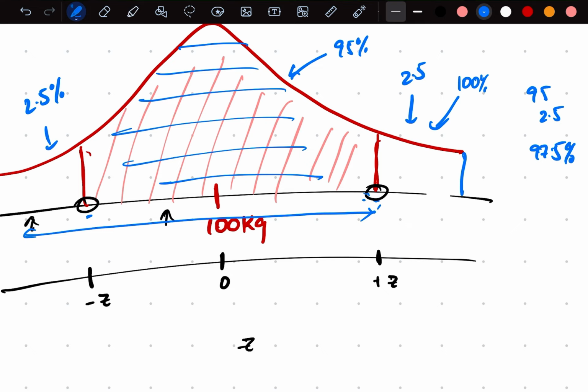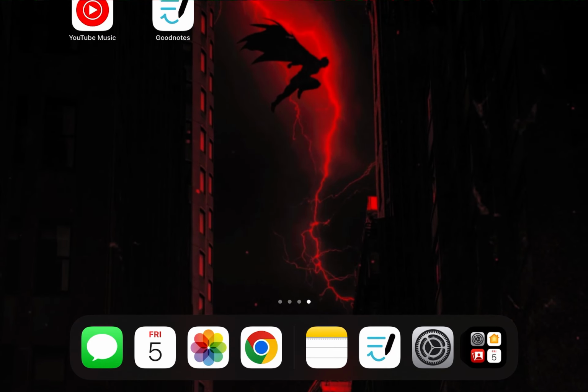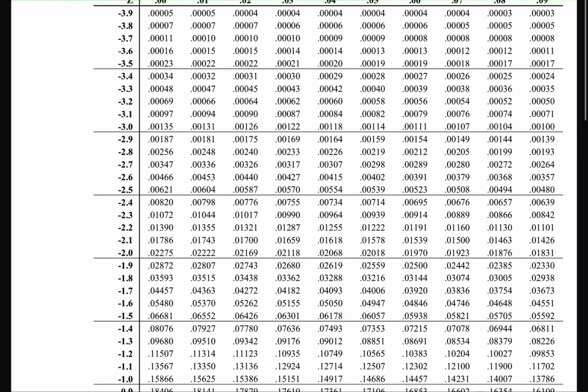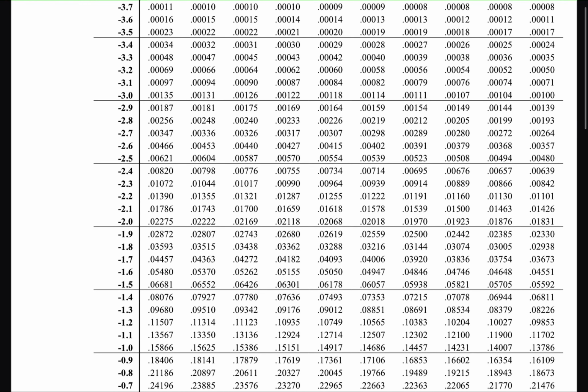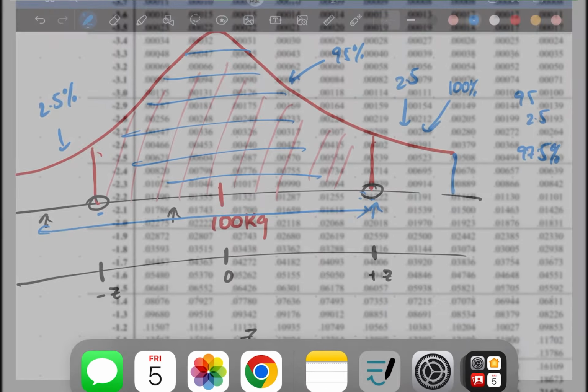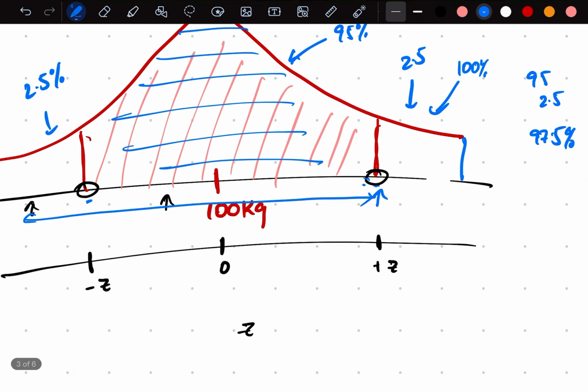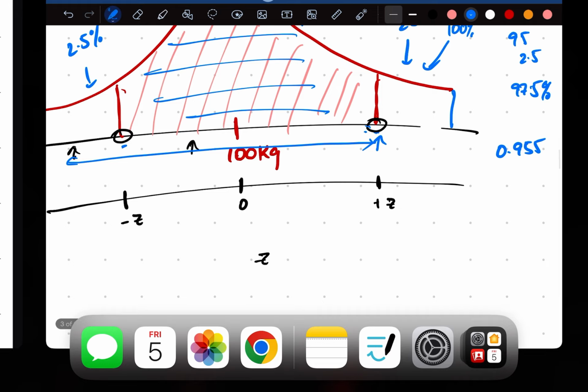So there is something called the Z table. I'll just show you. Okay, so this is the Z table that I was talking about. As I was saying, 97.5% data, right? It means 0.975. Just keep that in mind.